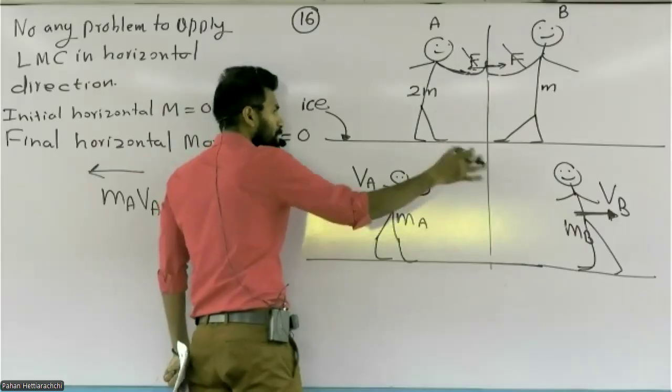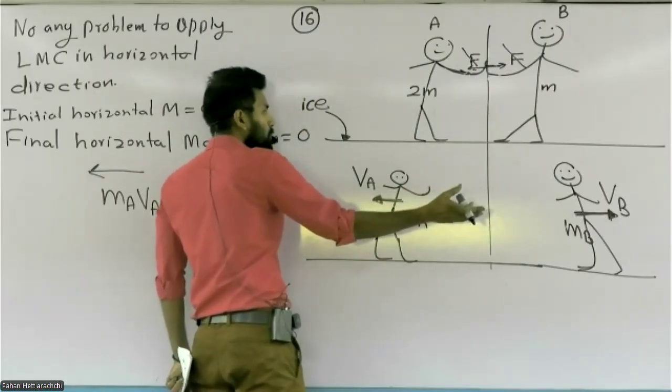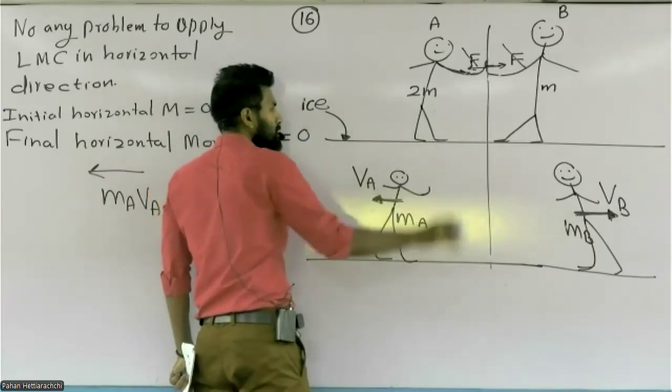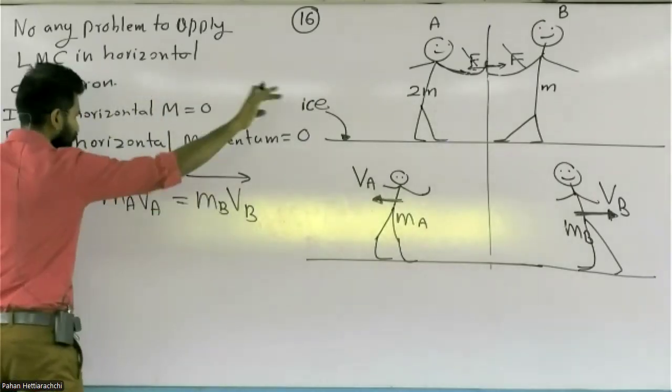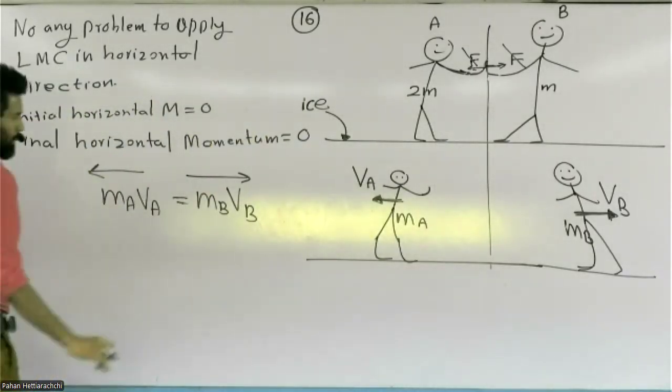How? One momentum, let's say the momentum of B, should cancel out with the momentum of A on the other side. Cancelling means again the final is 0. So MBVB in that direction is equal to MAVA in this direction.